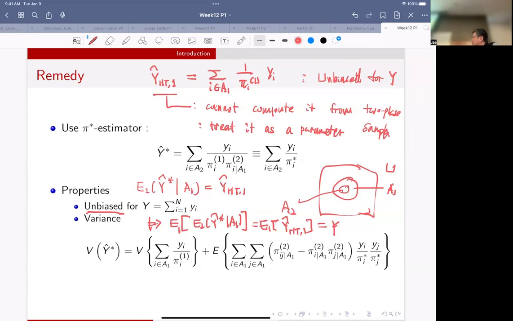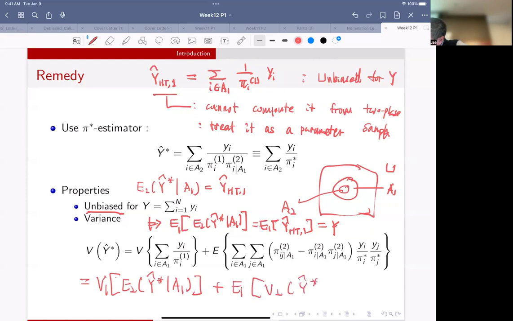But for the variance, basically we'll do the same decomposition: the variance of the conditional expectation, plus the expectation of the conditional variance of Y star. So that is the usual decomposition.